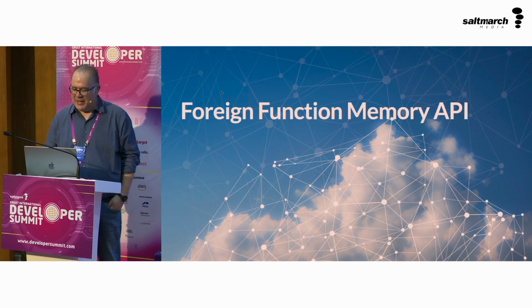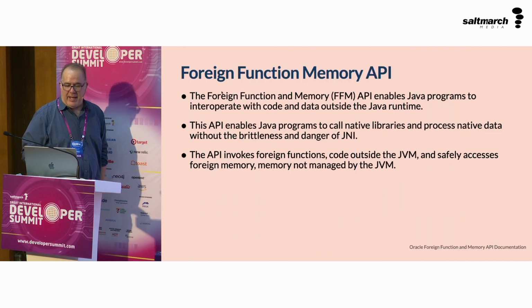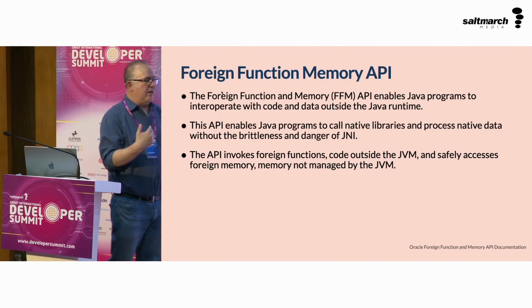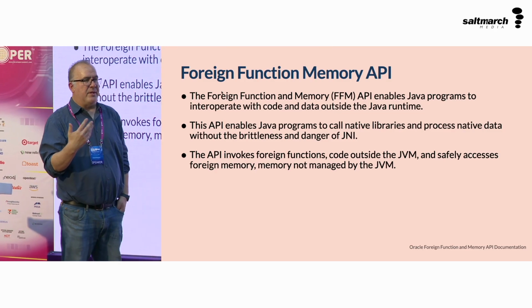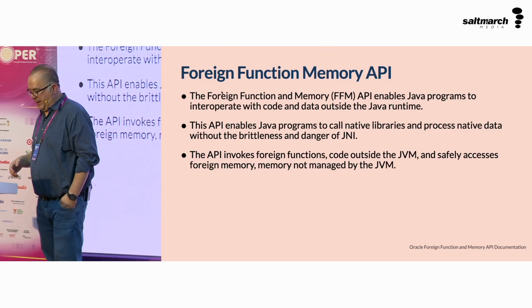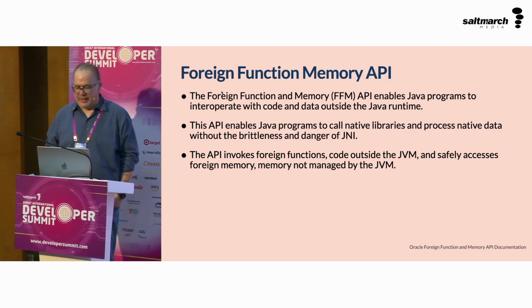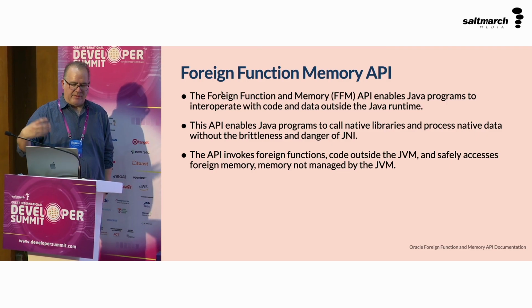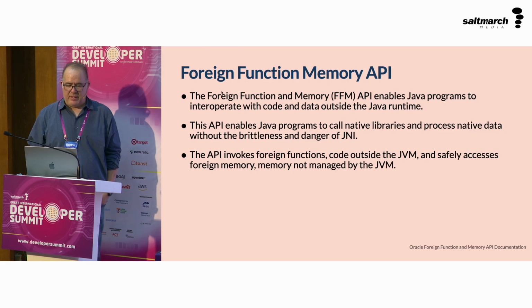All right, excellent. So foreign function memory API, really? It just allows us to connect to C programs, the underlying C programs, and uses something called an ABI, which allows us to connect to those native libraries.